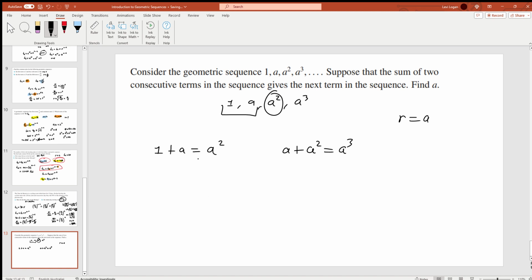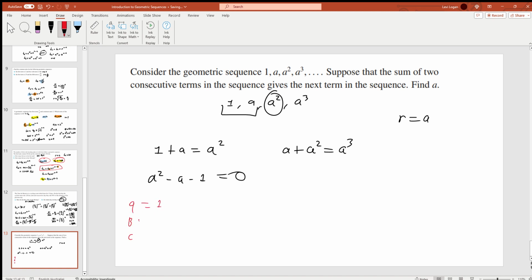Find a. Okay, this is pretty easy. So we have a squared minus a minus 1 gives you some quadratic here. So let's see if we can factorize it. So two numbers that multiply to give -1 and add together to give -1. Well, that's a bit of a conundrum. We'll double check our quadratic formula, a, b, c.